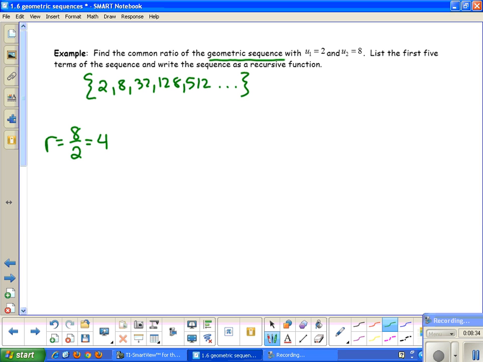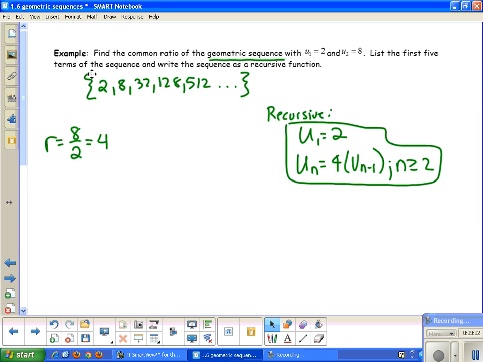Then we want to write this as a recursive function, and we're going to do explicit as well. So for recursive form, I state my first term, which is 2, and then the formula to get to the nth term would be equal to my common ratio, which is 4, times my previous term for values of n greater than or equal to 2.